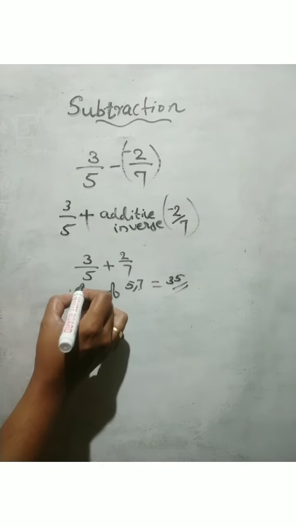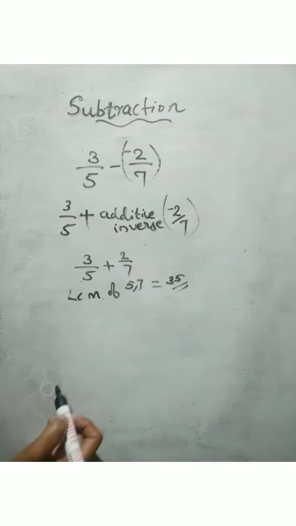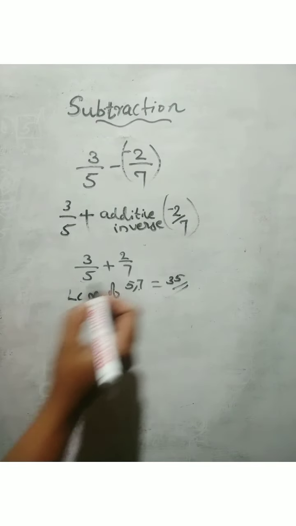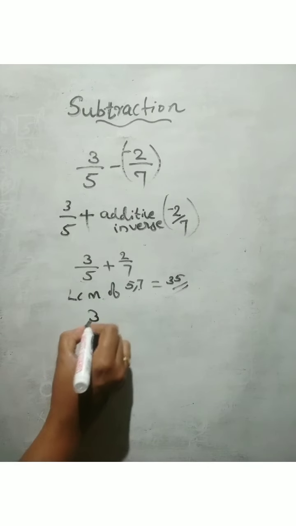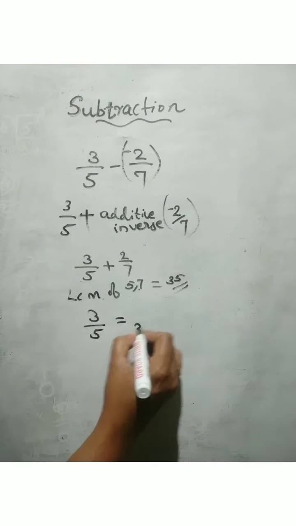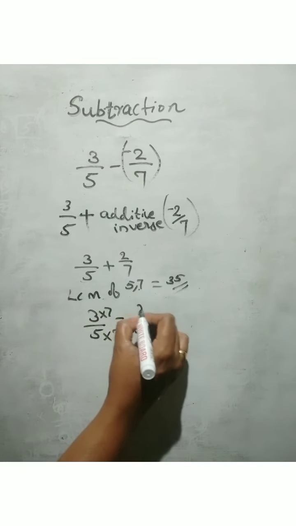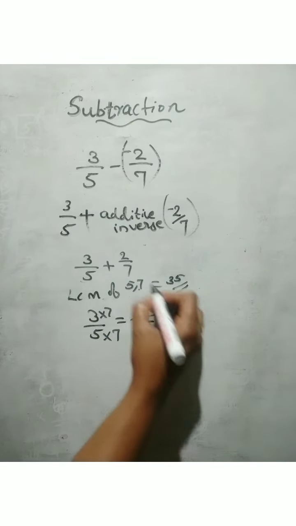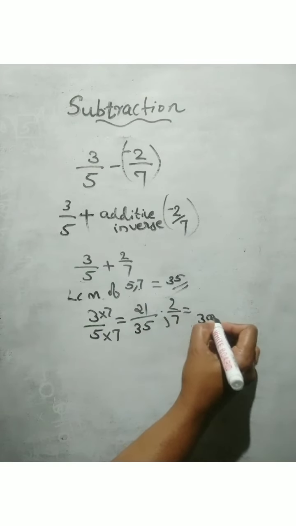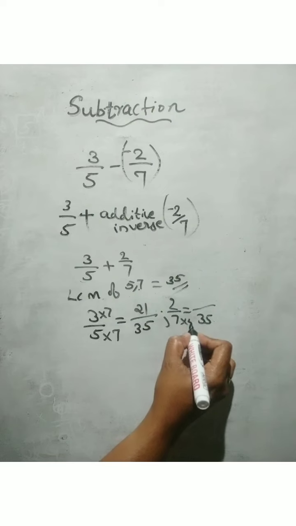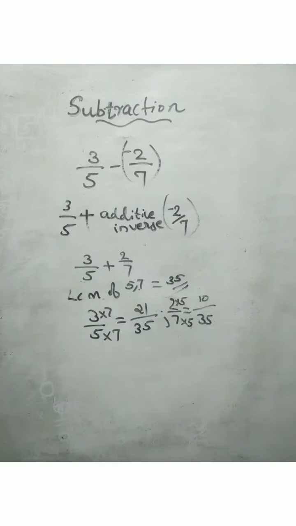After that we have to convert these rational numbers into 35 as the denominator, because here the LCM is 35. Then 3 on 5 is equal to, with 35 now, 5 times 7, here also 7, 21 on 35. And this 2 on 7 we can write with 35 itself. Here 7 times 5, so 2 fives are 10, 10 on 35.